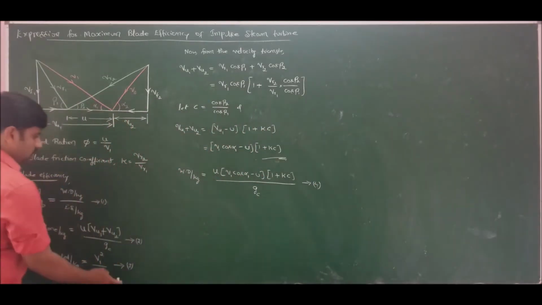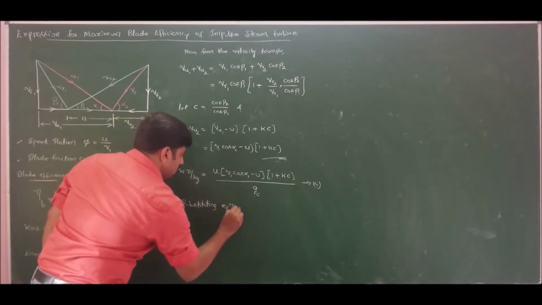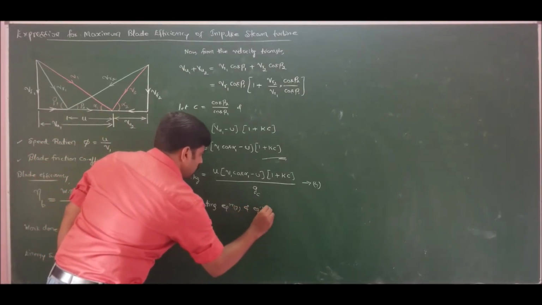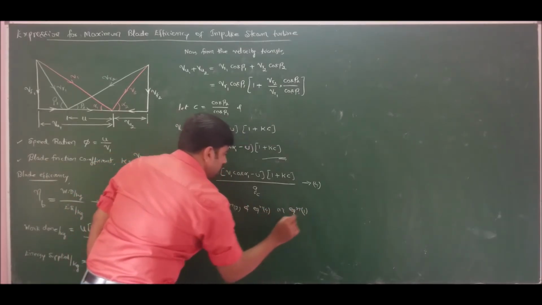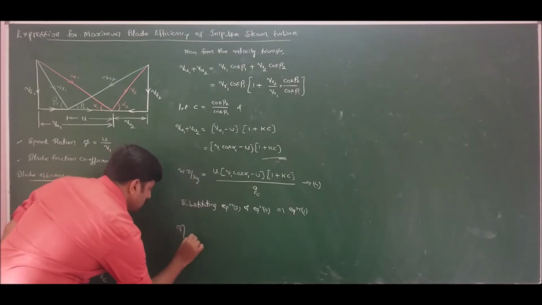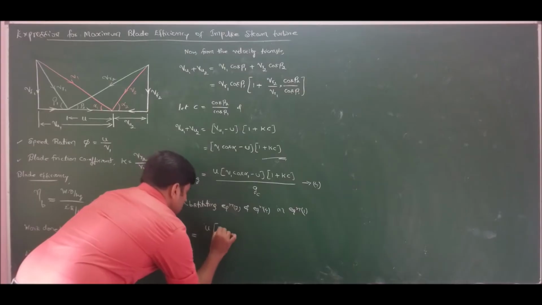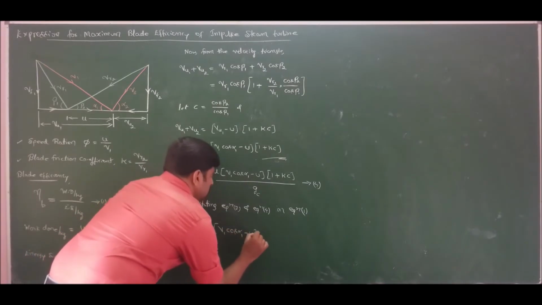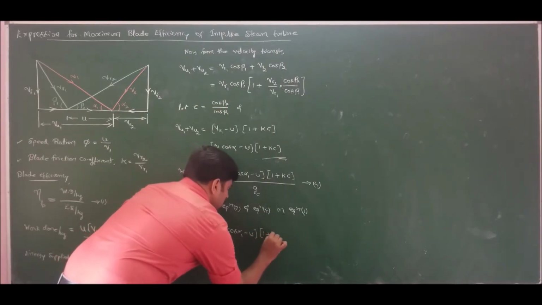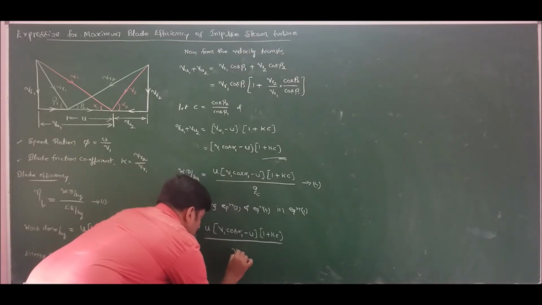So therefore, substituting equation 3 and equation 4 in equation 1, I will get blade efficiency as U of V1 cos alpha 1 minus U into 1 plus Kc divided by V1 square by 2.